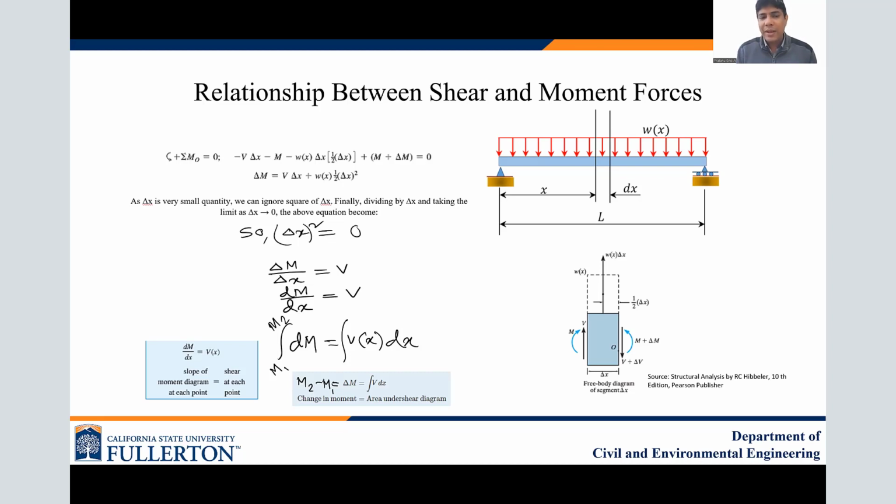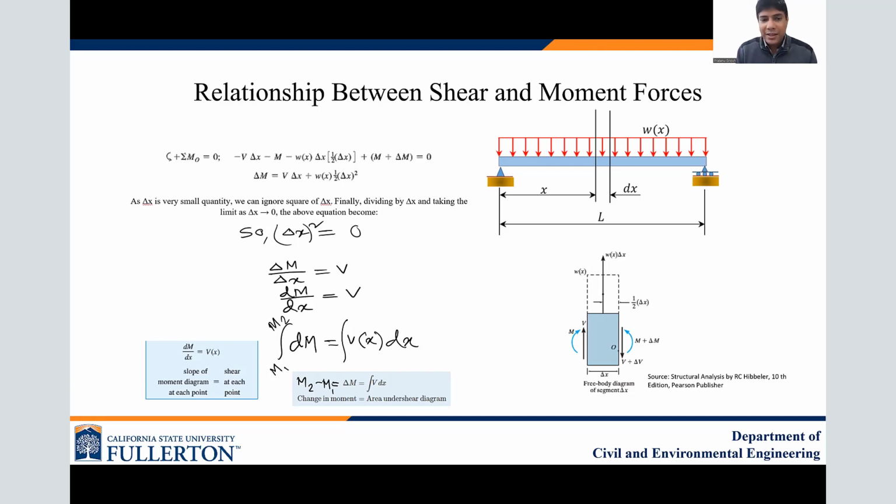If you take the ratio of delta M over delta x, it is going to be equal to V. So in calculus, we can express dM over dx equal to V, taking the limit as delta x goes to 0. We know it is the slope of the moment diagram, basically from math, which is equal to the shear at each point.